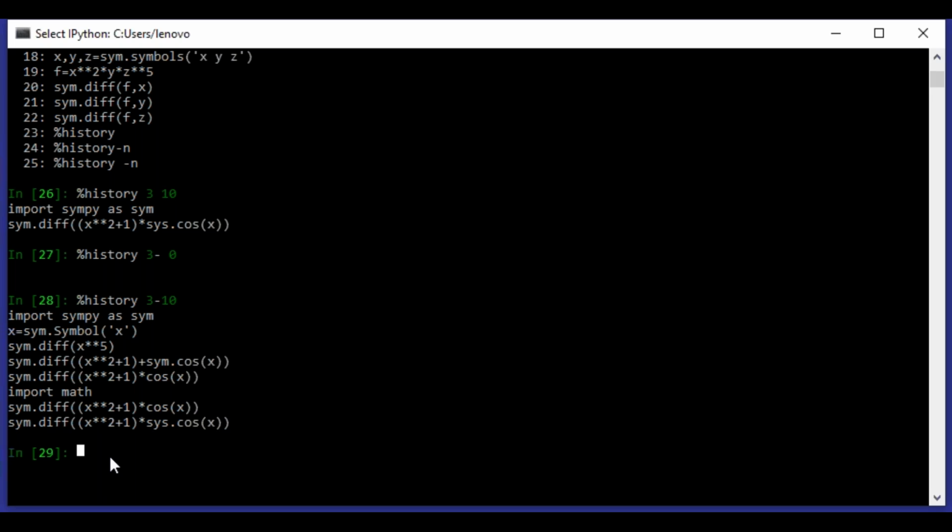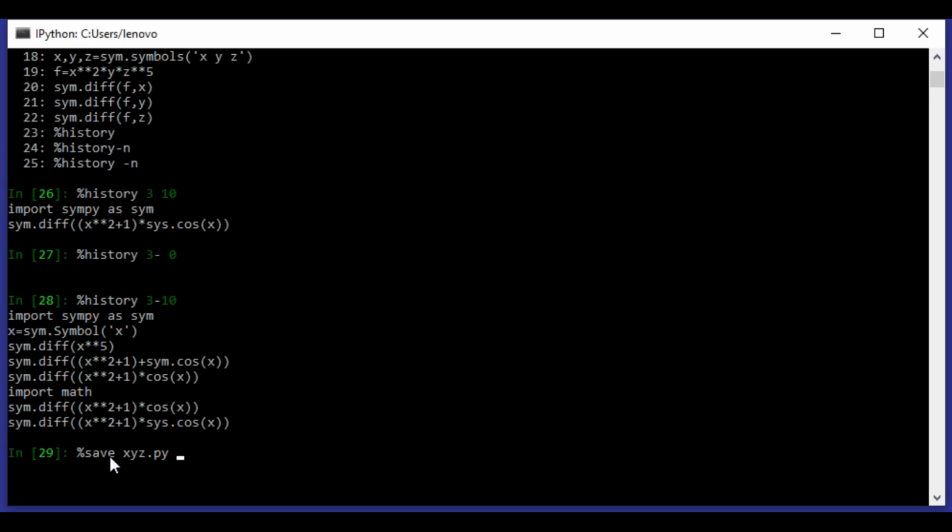For that we can type like this: %save. Please note these things: %save, then a file name, for example xyz, typing dot py, xyz.py. Then the line numbers which we need.